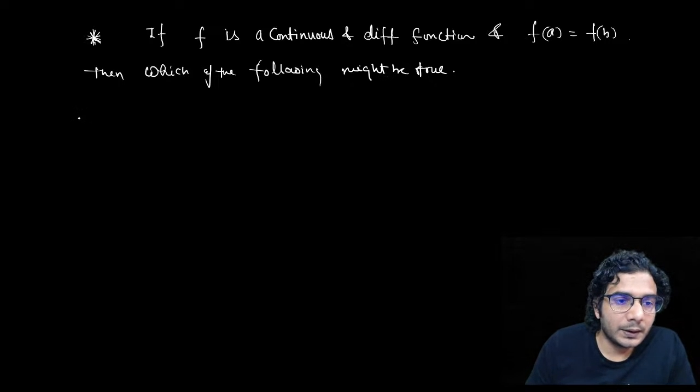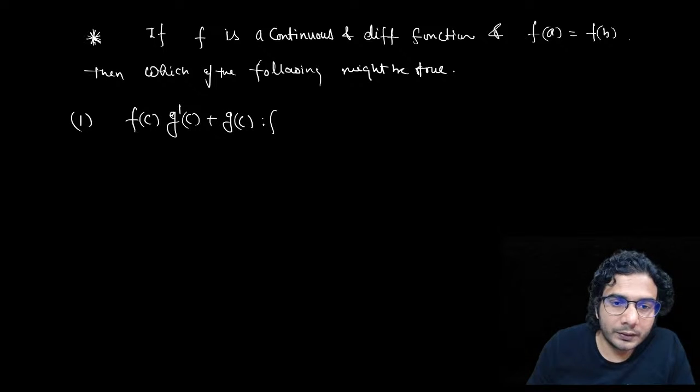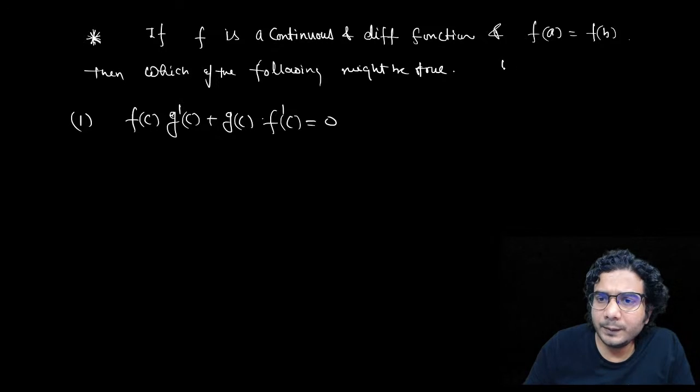Okay, the first option is f of c into g dash of c plus g of c into f dash of c is equal to 0, where c belongs to (a, b) for all the options.